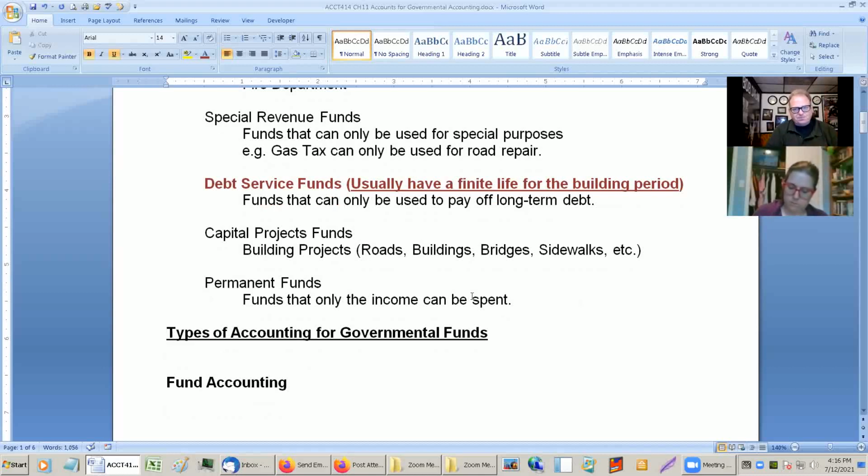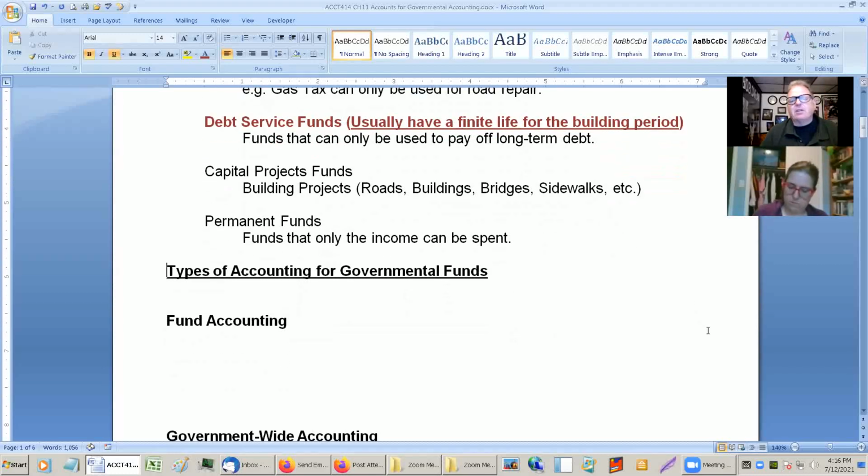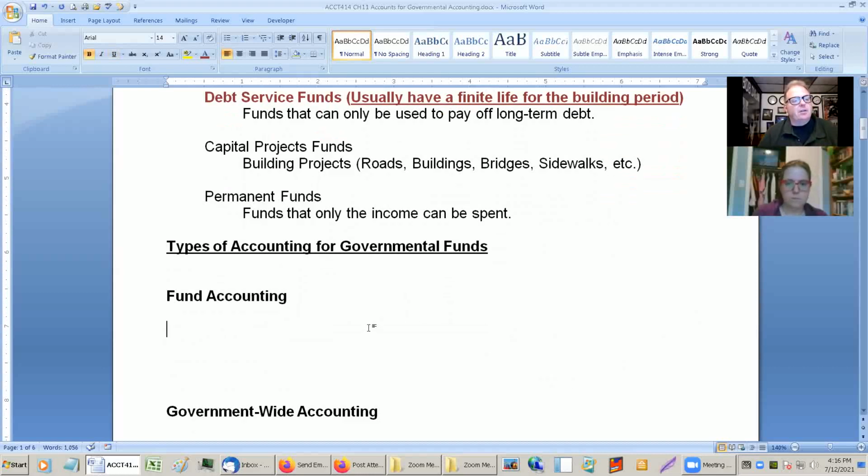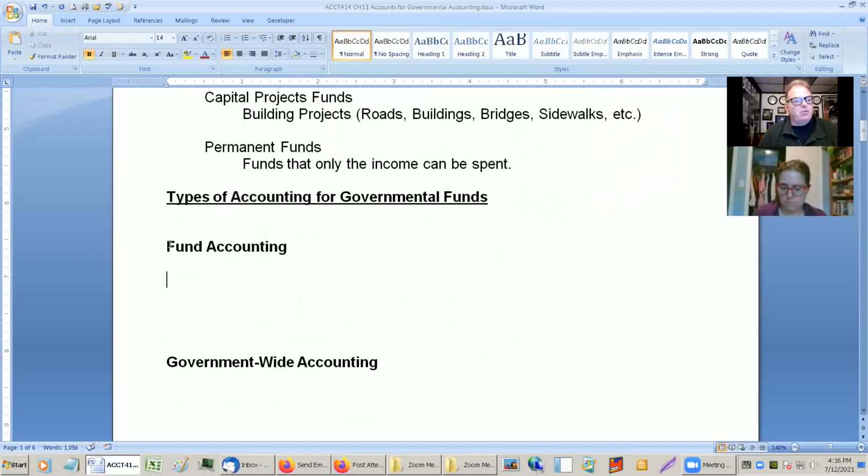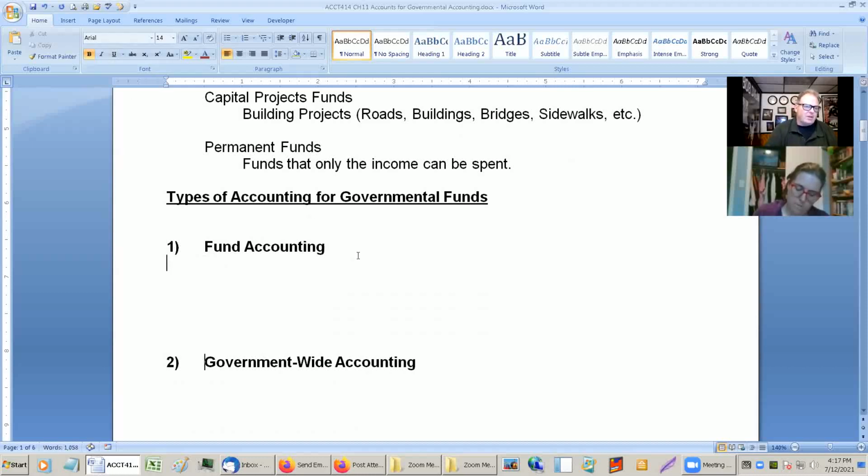Okay, so types of governmental accounting. We have two types: fund accounting and government-wide accounting.